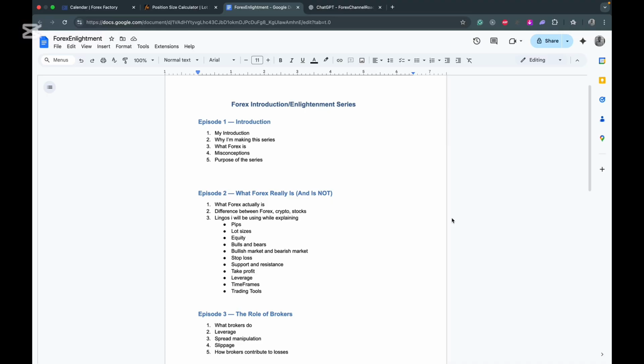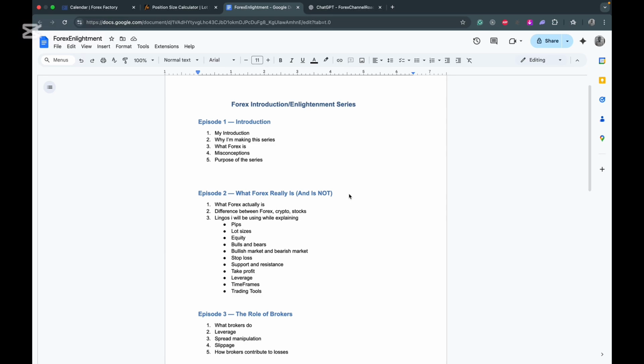To further help you understand what we are going to be discussing, we also need to know that when you are using a micro lot size, you are buying or selling 1,000 units of that particular instrument.